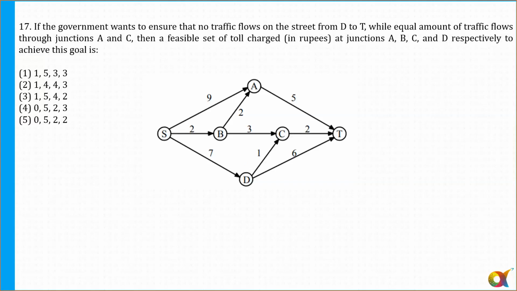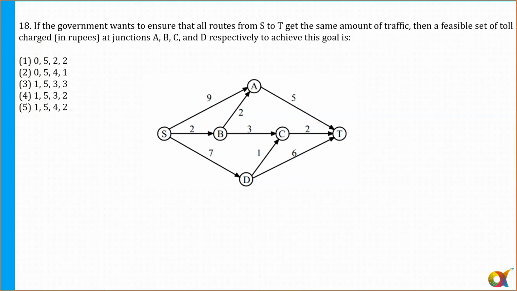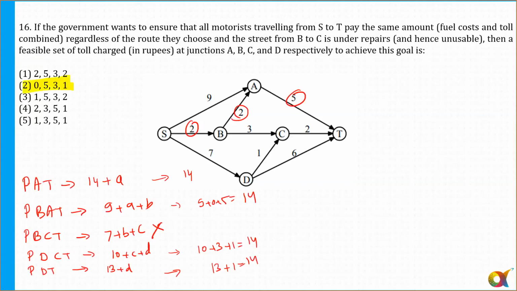Please respond. Can you all hear me? Santosh, yes. Okay, there was a disturbance here. All right. So is question number 16 clear to all of you? Please respond.